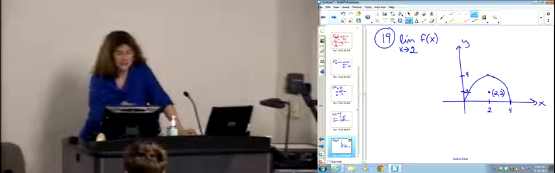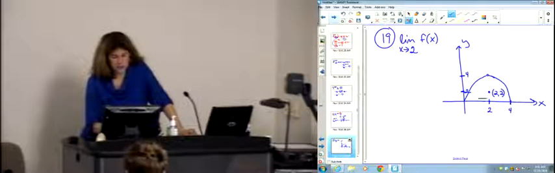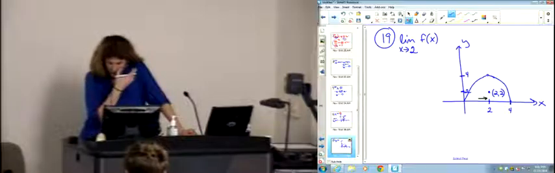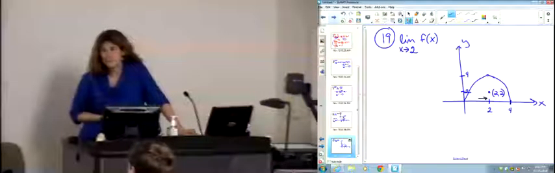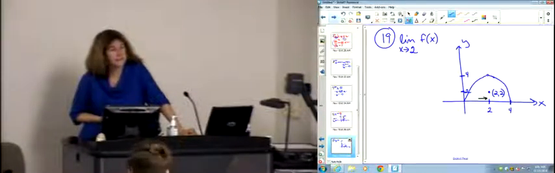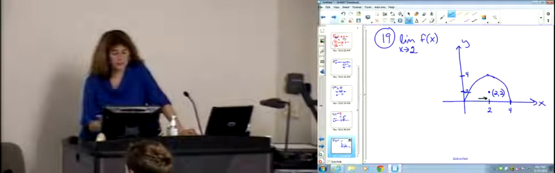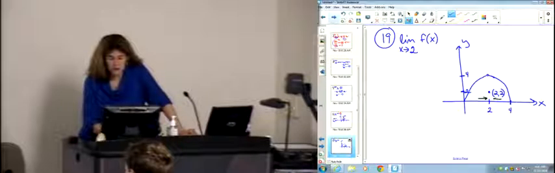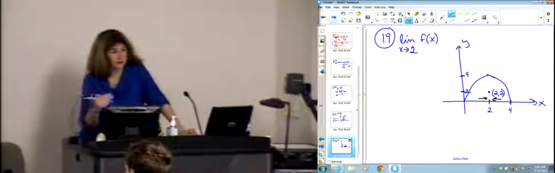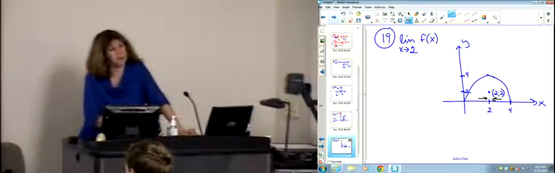What happens then is as we are approaching 2 from the left, what are our y's approaching on this graph? What are our y's getting close to? 4. They are getting close to 4. As our x's get closer to 2 from the right, what are our y's approaching?